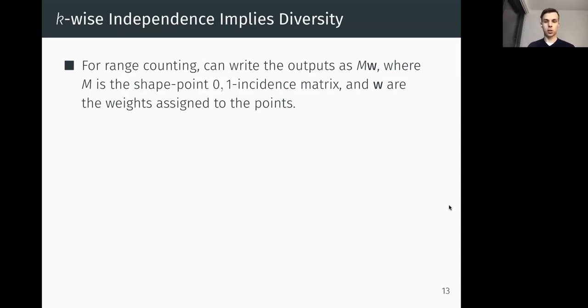All the outputs of the weighted range counting problem can then be written as the multiplication of the 0, 1 matrix M by the vector W of the weights assigned to the points.